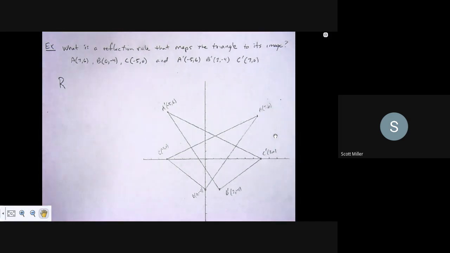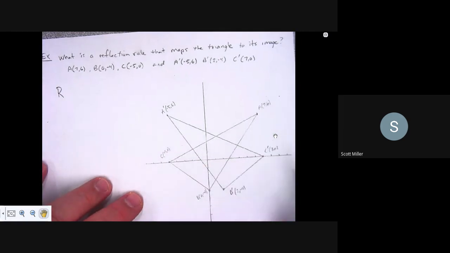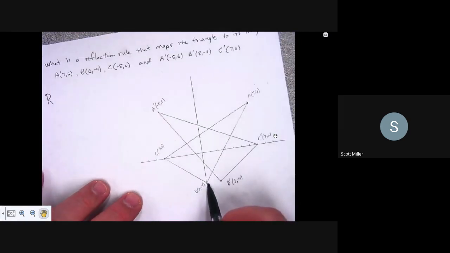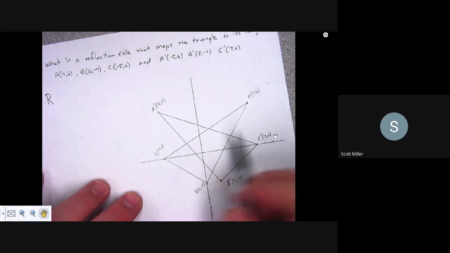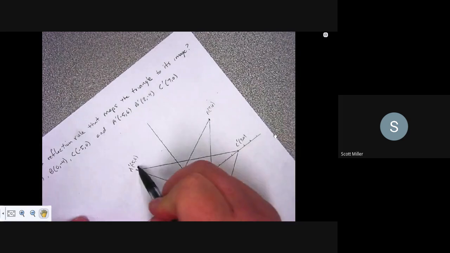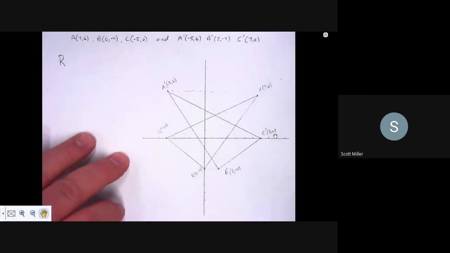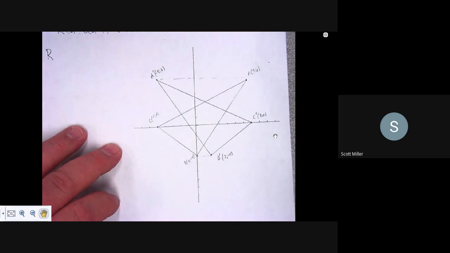Well, I know that the reflection line is a perpendicular bisector between these points. So if I drew a dotted line between these points, and then this is another one, I know that the reflection line is a perpendicular bisector.